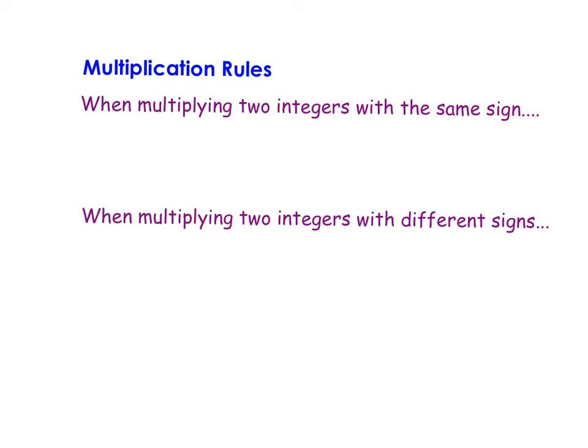So for example, say we had something like -3 times 2 or -4 times -6. Once we start throwing those negatives and positives in there, that can get a little bit tricky. So there are 2 rules that we need to remember when we are multiplying 2 integers together.